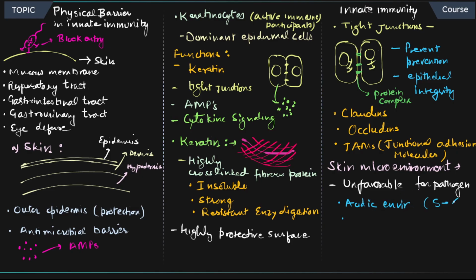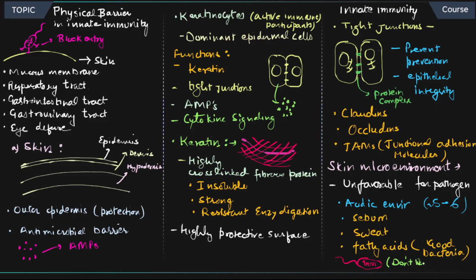That is not good for microbes. So sebum, sweat, and fatty acids, specifically coming from good bacteria present on our skin, will kill the microbes or just stop their growth because they don't like acidic environment. Microbes don't like acids, so they will be inhibited, they will be killed.